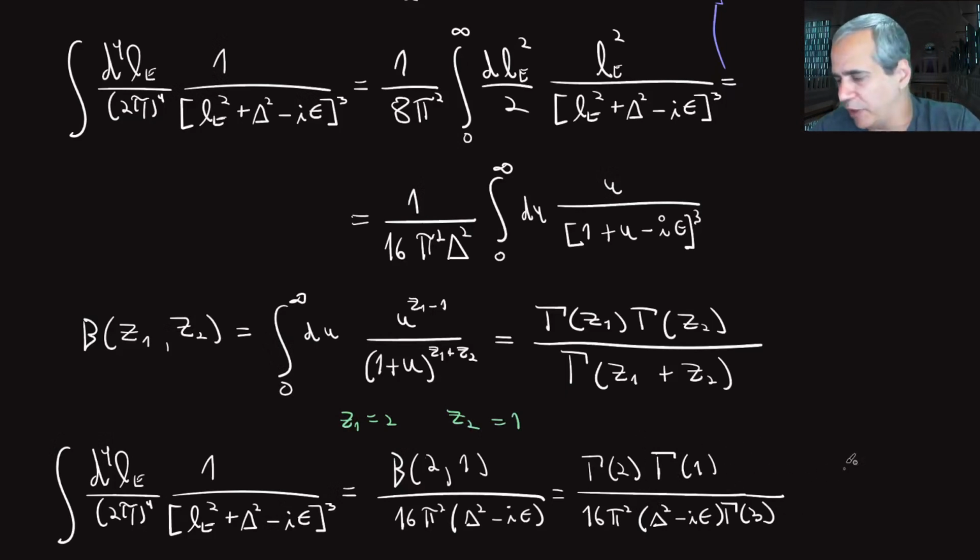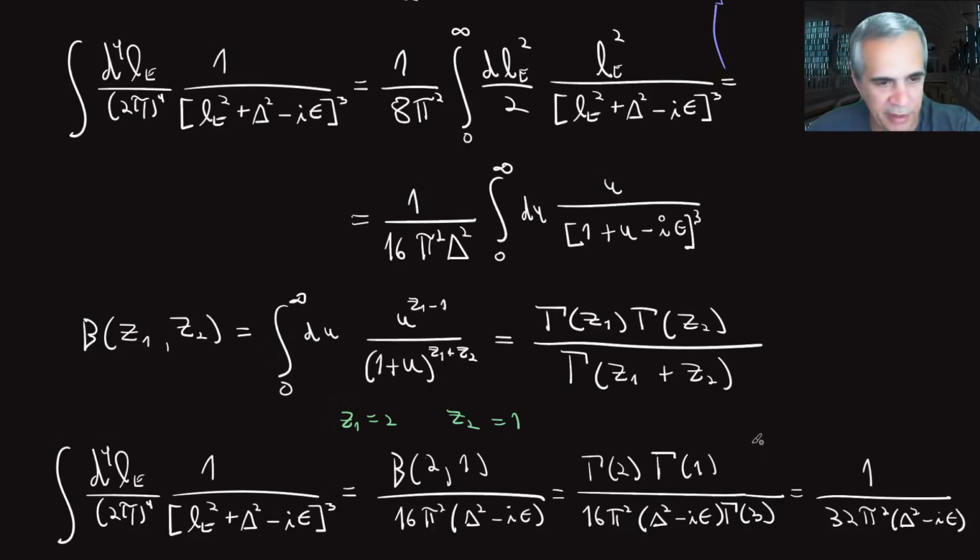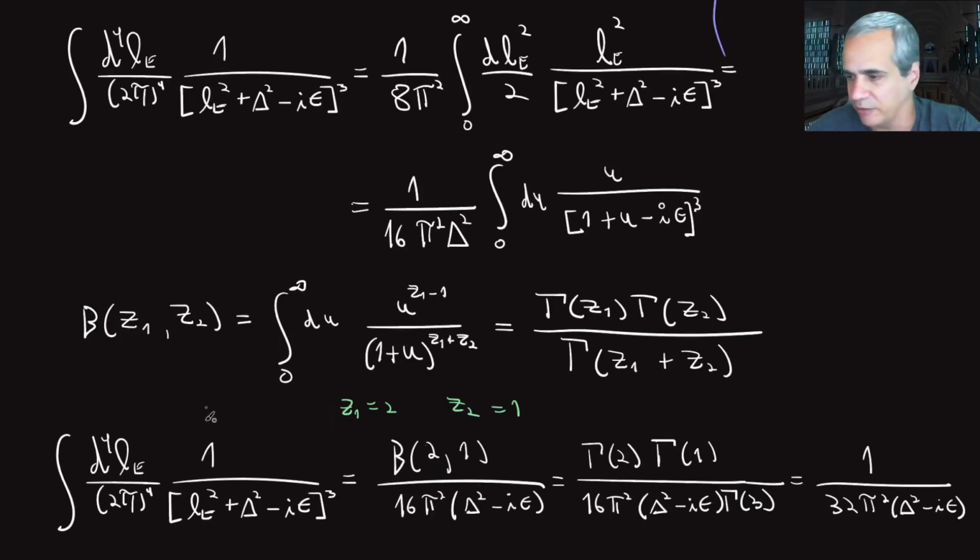And since these are all integers, I can just use the factorial of n minus 1 for all these gammas. And I have a 2 factorial down here. The rest is just 1. So I have a 32 pi squared delta squared minus i epsilon, which is a very simple answer, actually, for a very complicated integral.